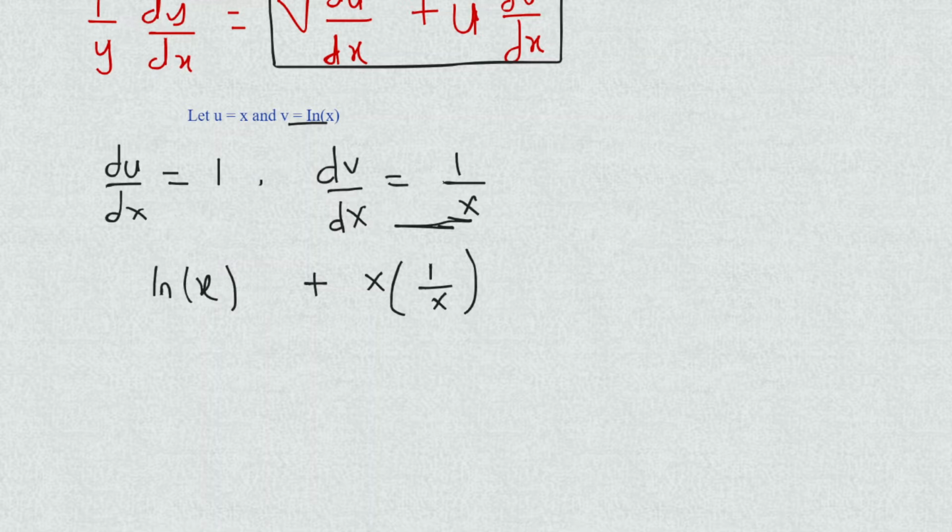Then x multiplied by 1 over x gives 1, because the x cancels out. So this is the derivative of x ln x: ln x plus 1.